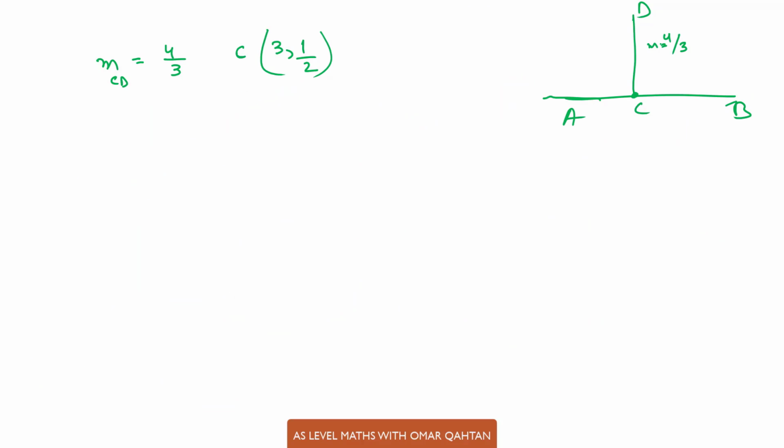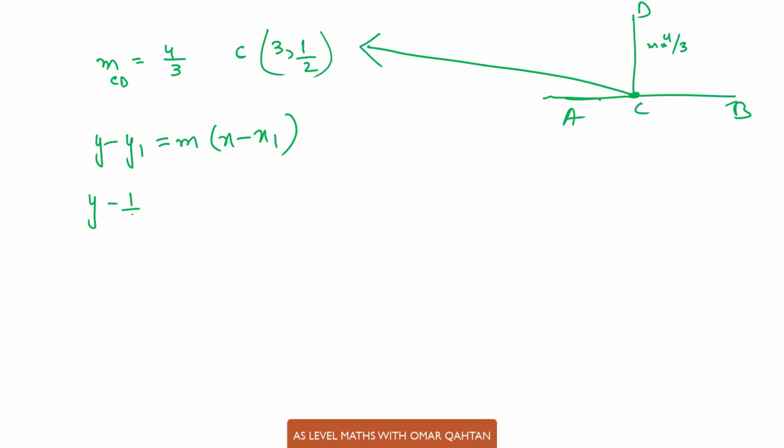Now we have found the gradient of the line CD, and the point of intersection is 3 comma 1 upon 2. Now we'll just apply our general equation, that is y minus y1 is equals to m into x minus x1.